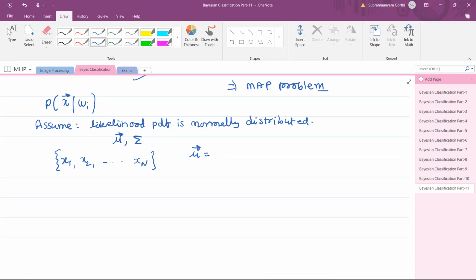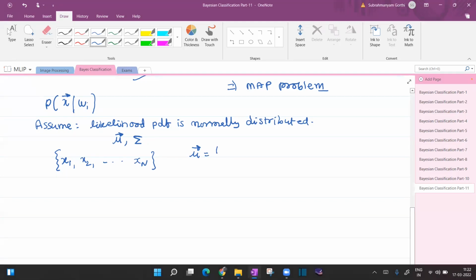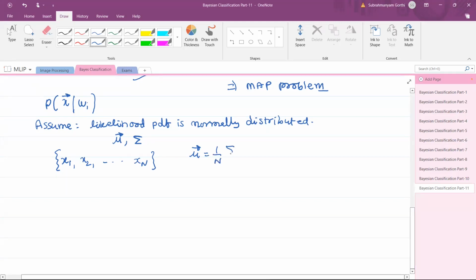Mu bar equals 1 by n summation X of i, i varying from 1 to n. Correct? Right.